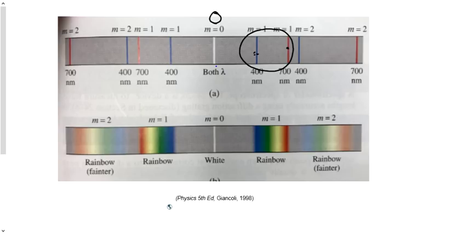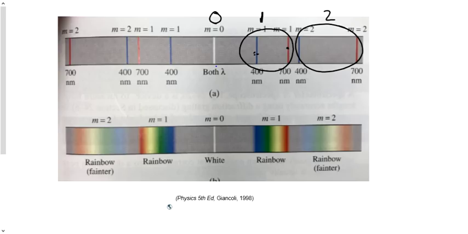Notice that blue light diffracted the least, red light diffracted the most. Opposite to what we had with refraction. This is the first order maximum. Then we have the second order maximum over here. Again, blue light diffracted the least, red light diffracts the most.